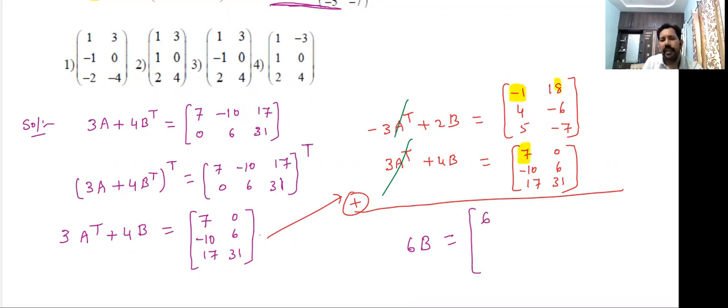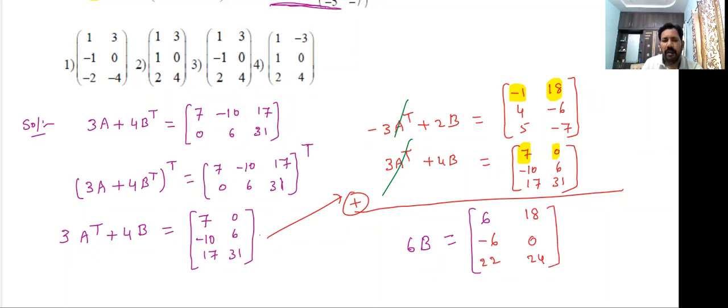Next, 18 plus 0, that is also 18. 4 minus 10, minus 6. Minus 6 plus 6, 0. 5 plus 17, 22. Minus 7 plus 31, 24.